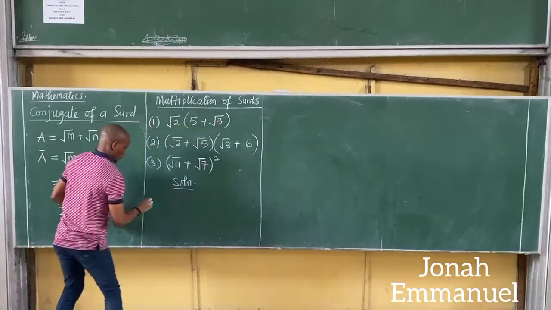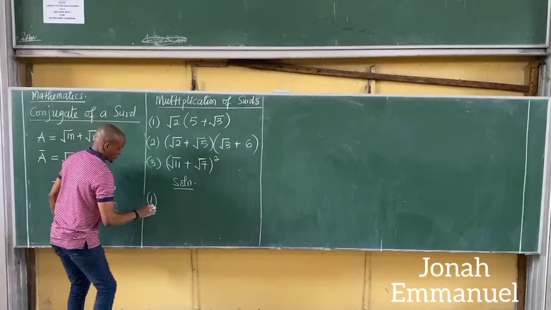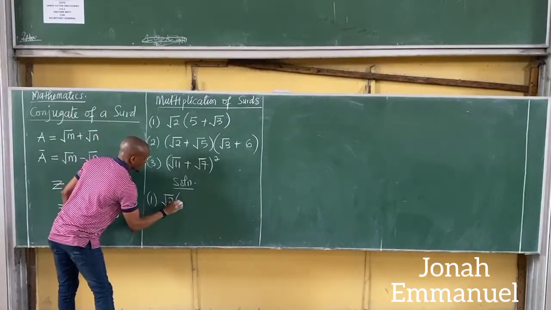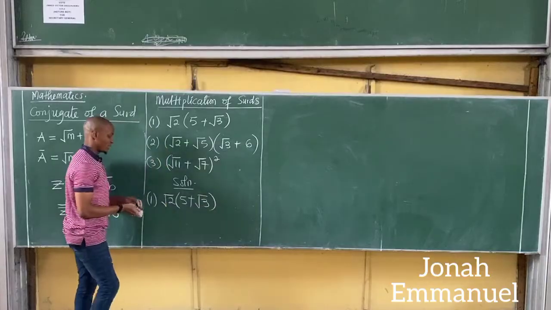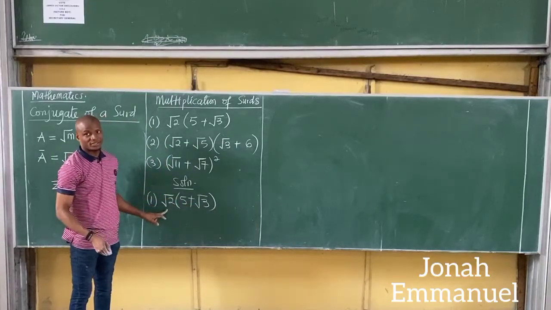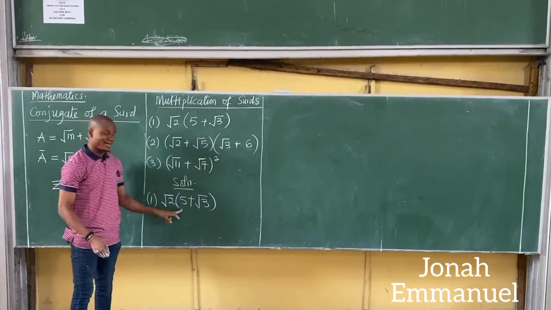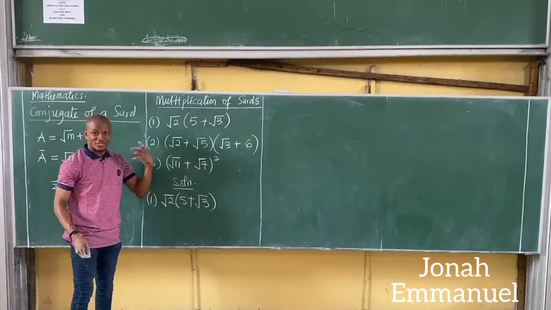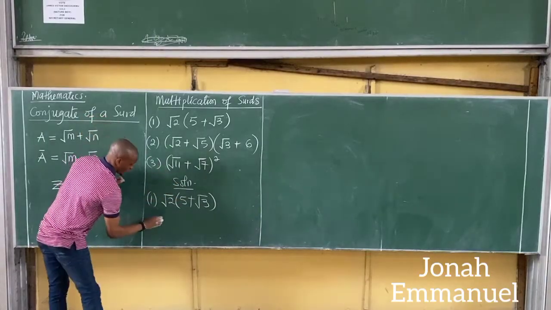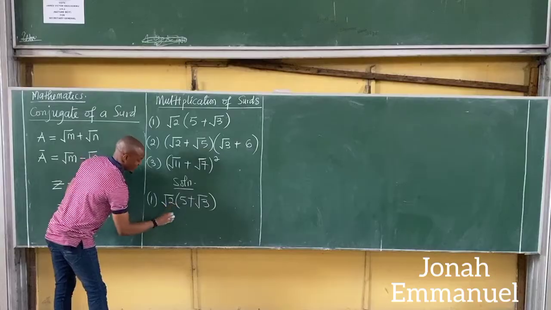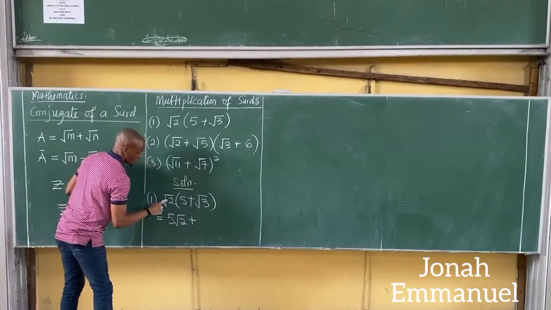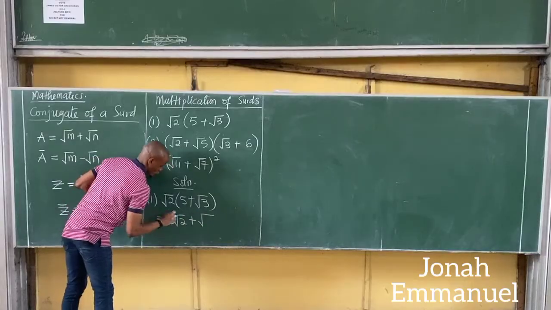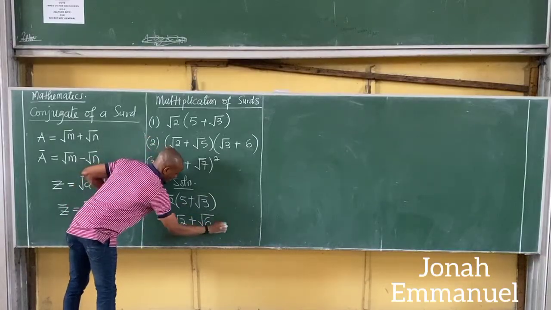Okay. Number 1. Asks us to evaluate root 2 into what then? 5 plus root 3. Observe, this and this are not similar. Yes, root 2, yes, they are not similar, but they can multiply. So it's now equal to root 2 times 5, this is what there? 5 root 2 plus this and this one there, root 2 times root 3, that's root 6.